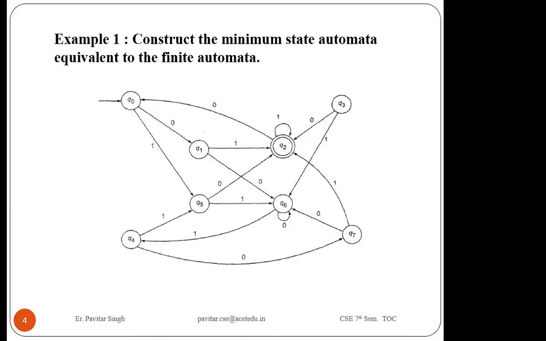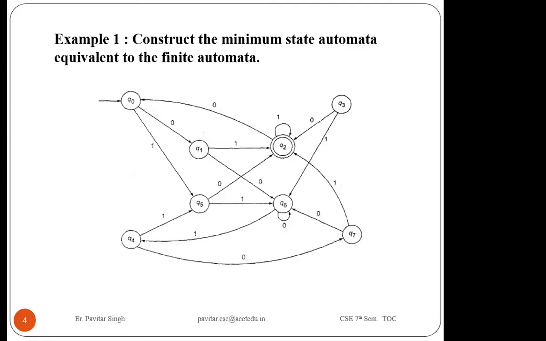So first of all, you have two inputs in the form of 0 and 1. Q0 upon the processing of 0, it is going to Q1. Q0 upon the processing of 1, it is going to Q5. Q1 upon the processing of 0, it is going to Q6.